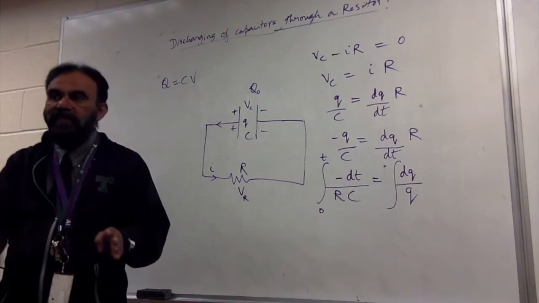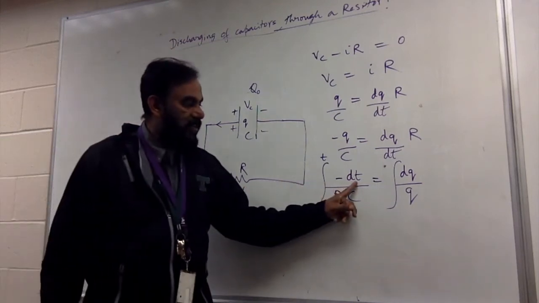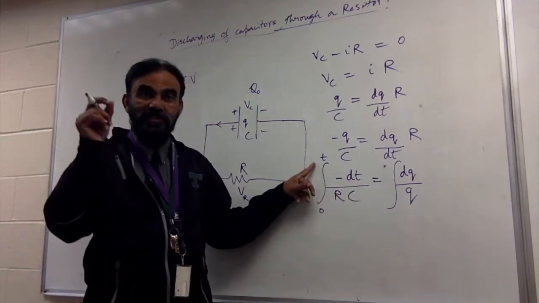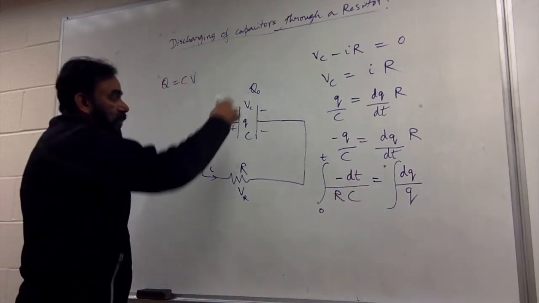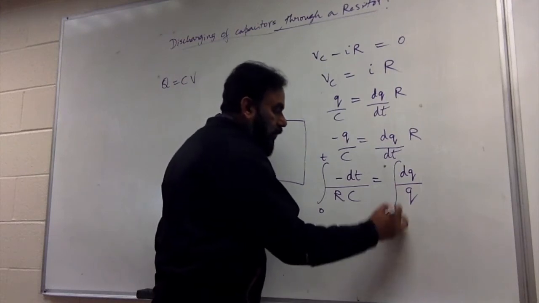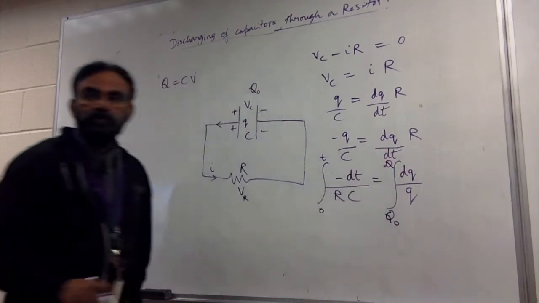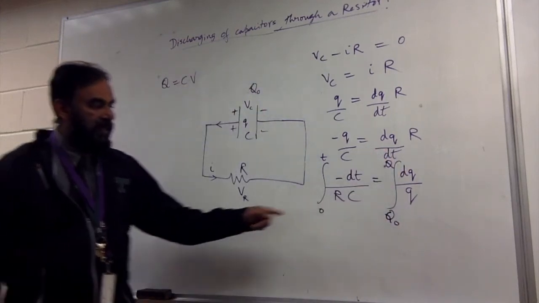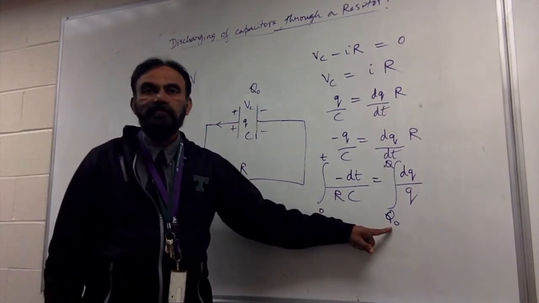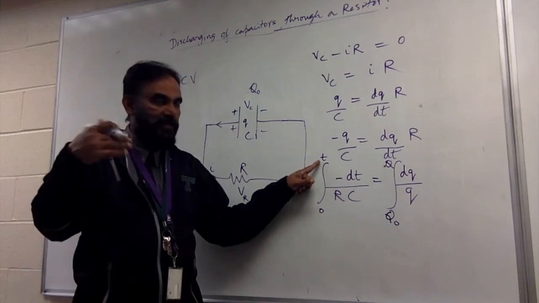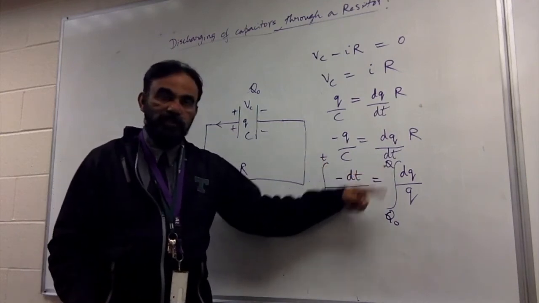We don't want a complete drain. We want to know, from 0 to a certain time, how much the charge is going to go from q naught to q. When it was 0 time, it had full charge q naught. But after the time passes to some extent, that is what it is.